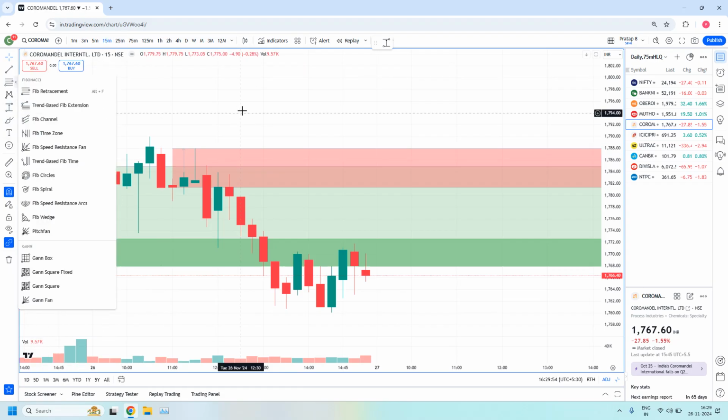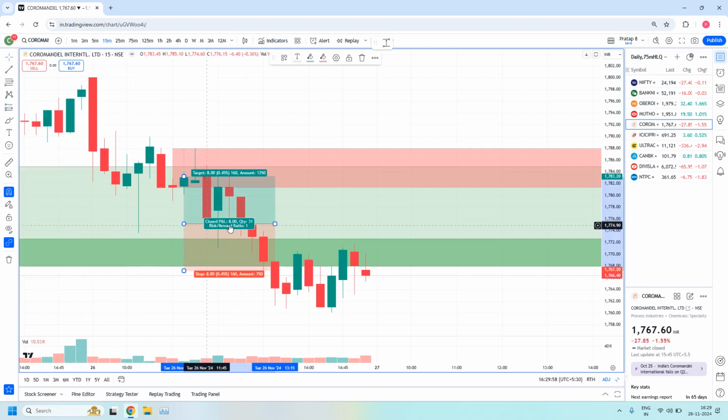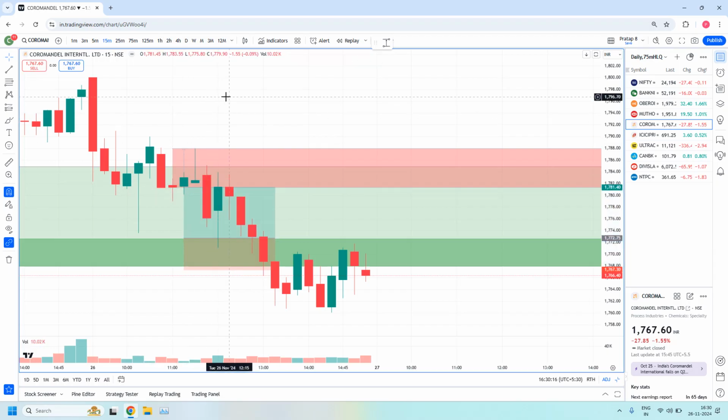Let me show you how much RR it is having. Long position, some stop buffer, approximately I am adding some stop buffer here. In this zone you are taking a trade, and this is your target.